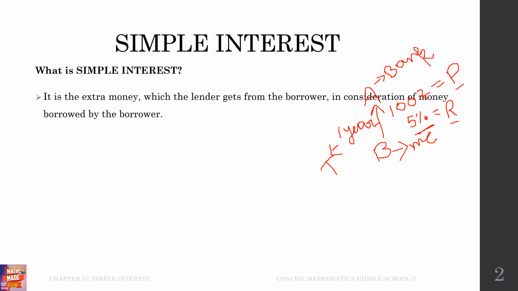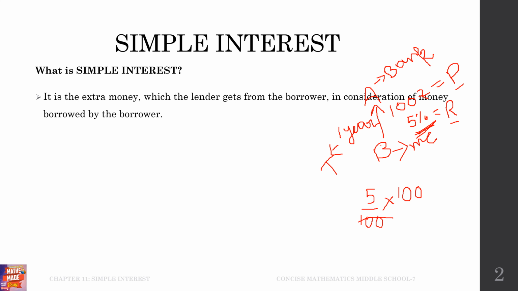See, 5% means 5 divided by 100. I am writing it down like this. What is the principal? It is 100. 100 rupees we are taking from the bank. So write that 100 over here.